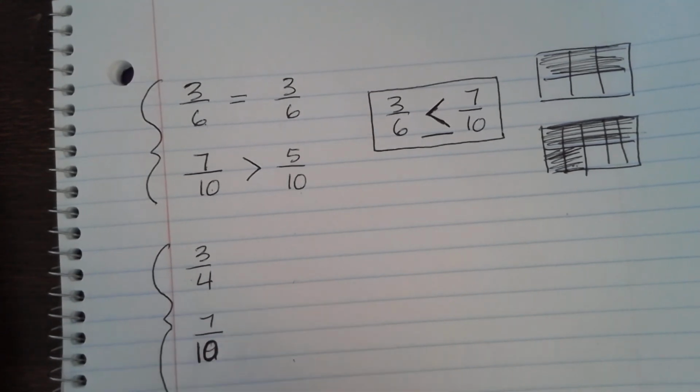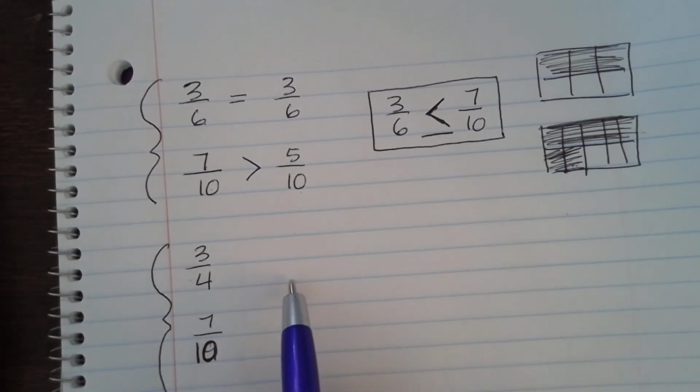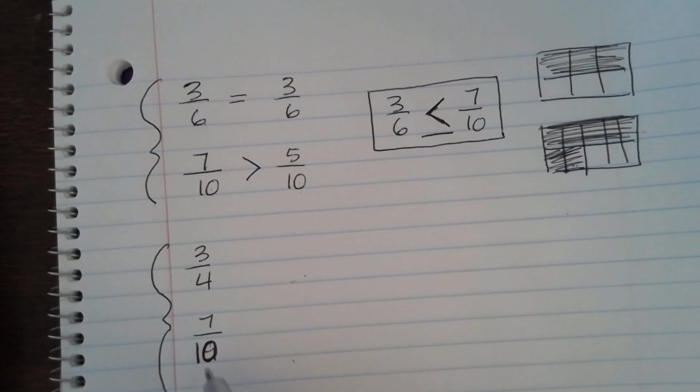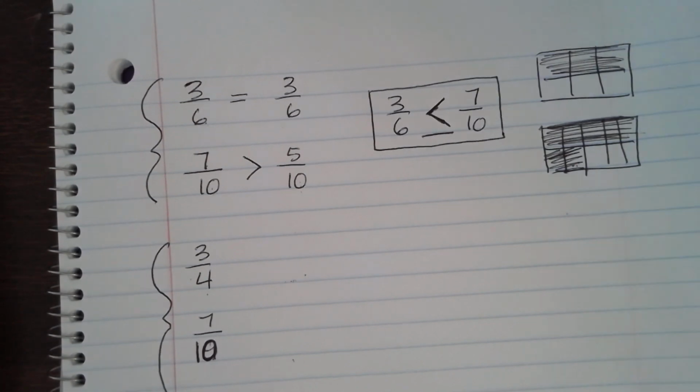Write down next to it, like we did over here, what half of the fraction would look like with these denominators. And then let's compare.